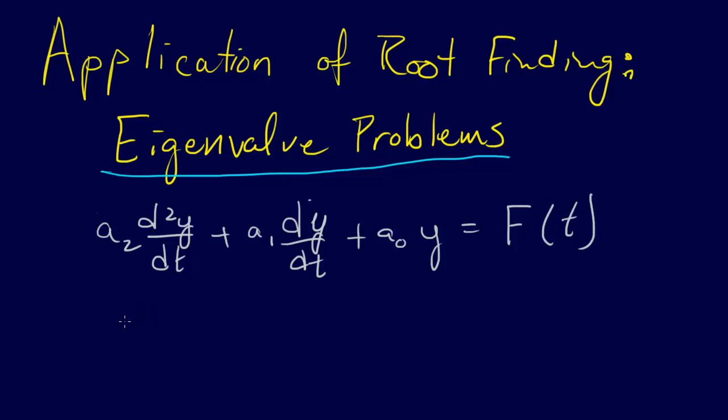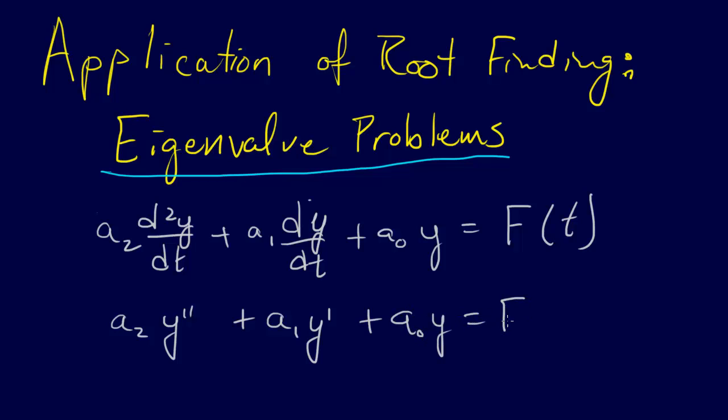This could also be written as a2 y double prime plus a1 y prime plus a naught y equals f of t.